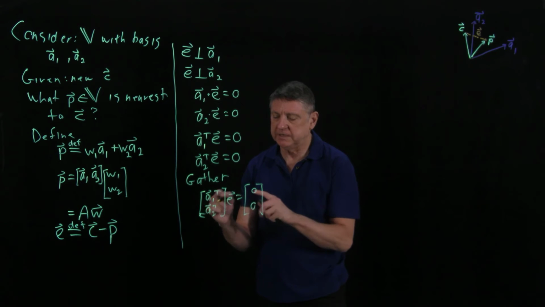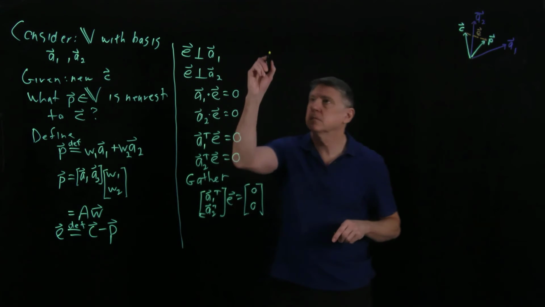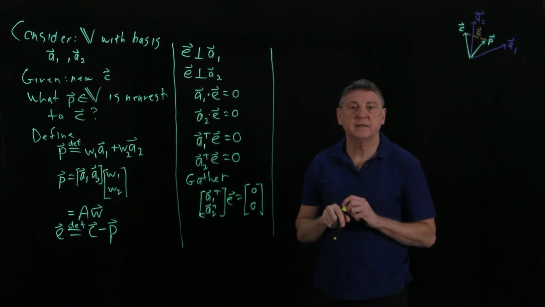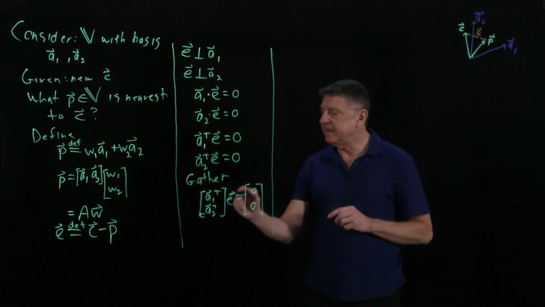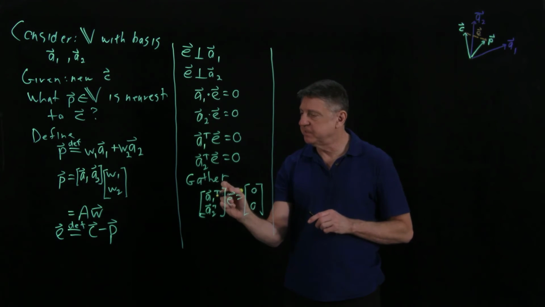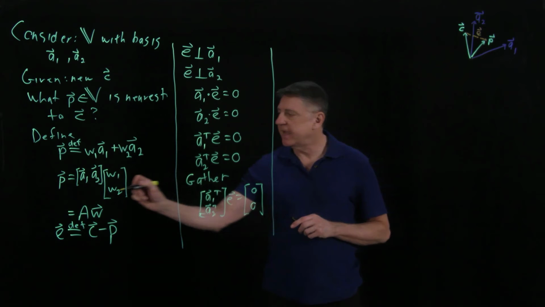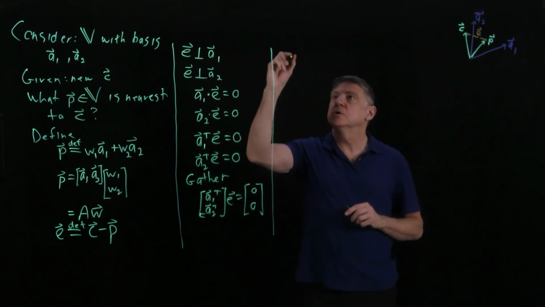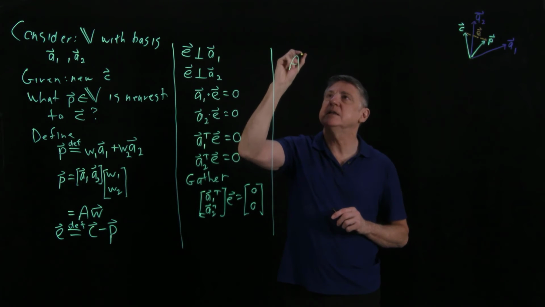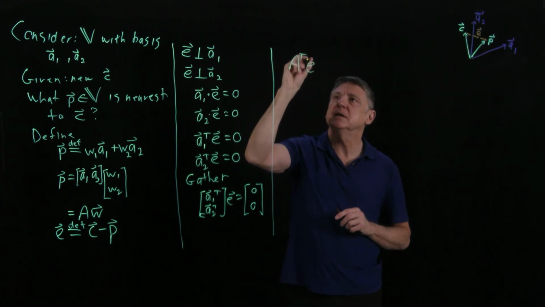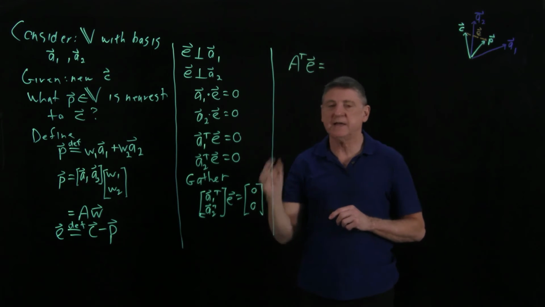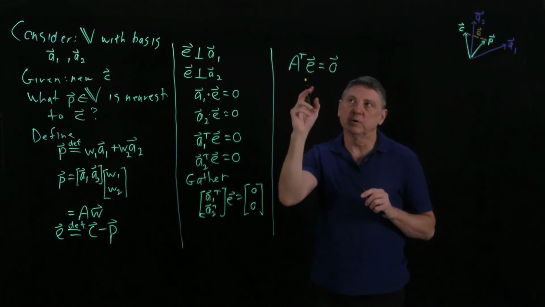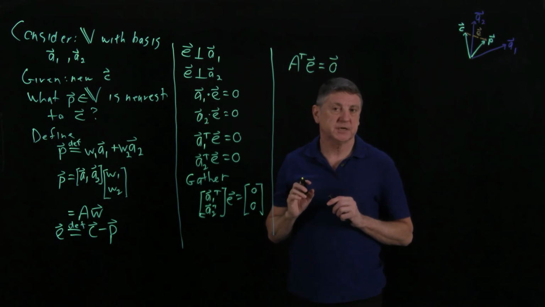A2 transpose E is the second. Can I rewrite that? Well, yes. What relationship does this matrix have to this matrix? Yes, it's the transpose. So that means our constraint is that A transpose E equals, and what's that? That's the 0 vector. We'll solve this in the next session.